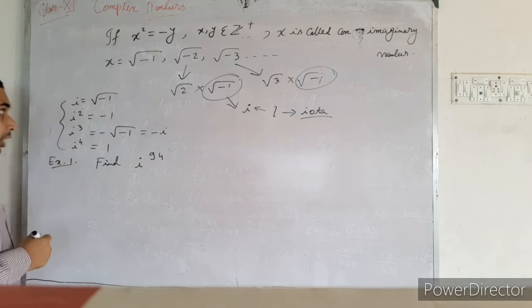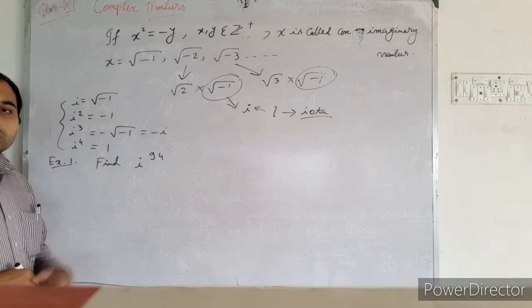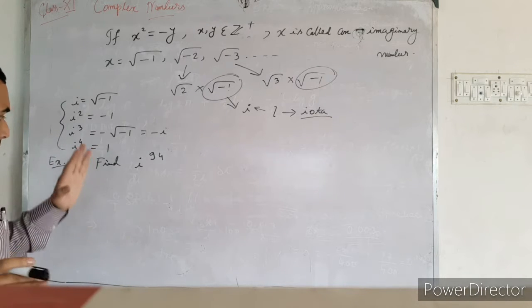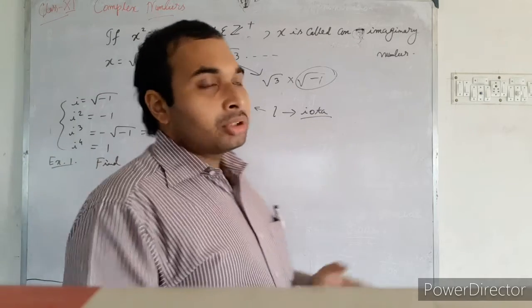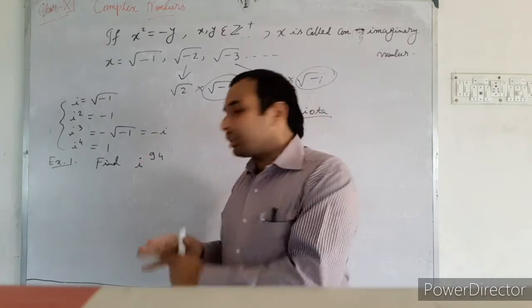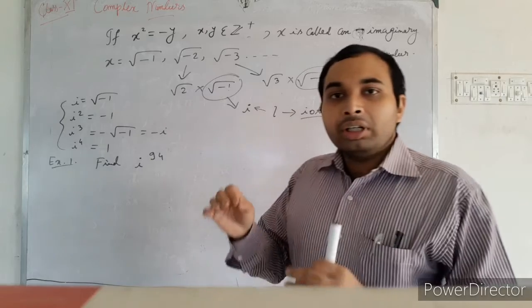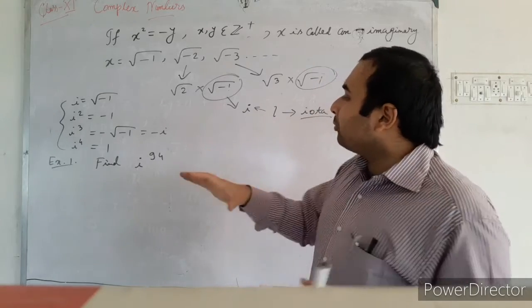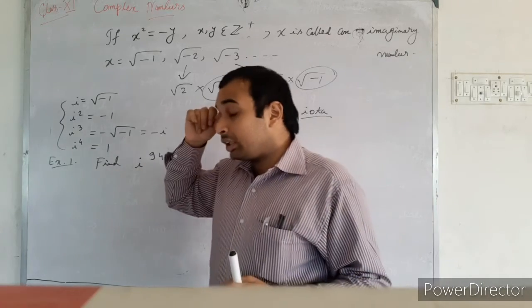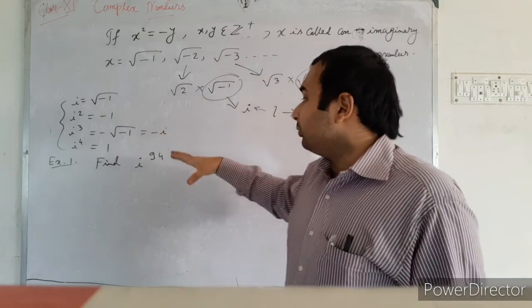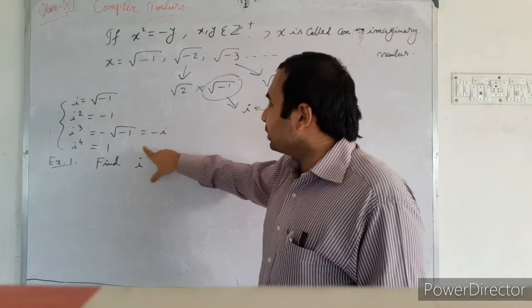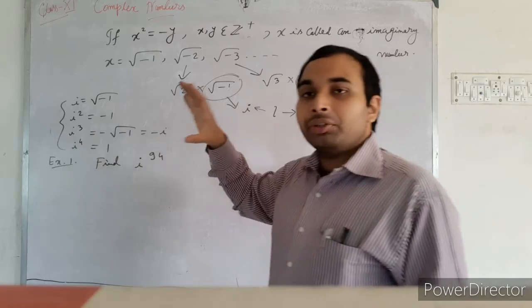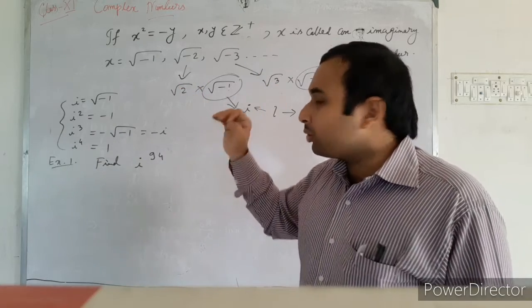Students, here one thing you have to keep in mind: i to the power 4 equals 1. So whenever this type of sum comes, try to express that power, this 94, in terms of multiples of 4, then i to the power 4 equals 1 will help you.